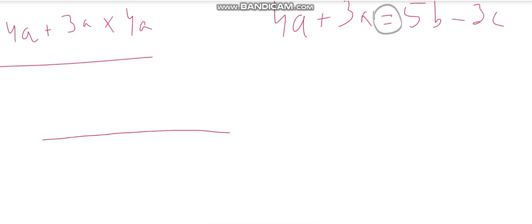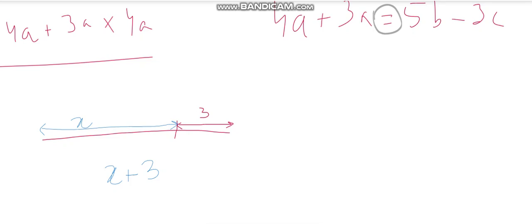From this point to this point, the length is 3, and from this point to this point, the length is x. So we can say that the length of the line will be given by the expression x plus 3.